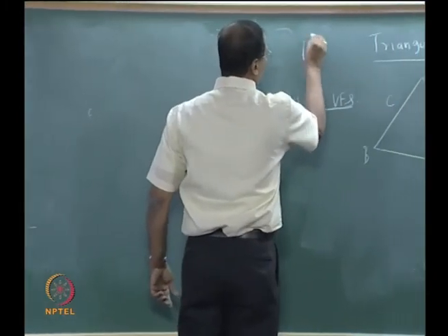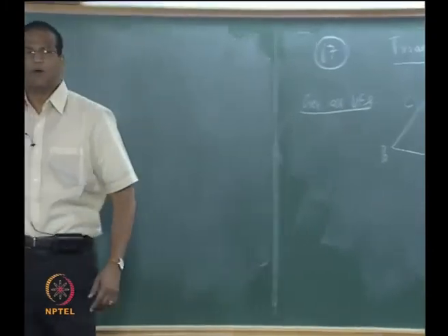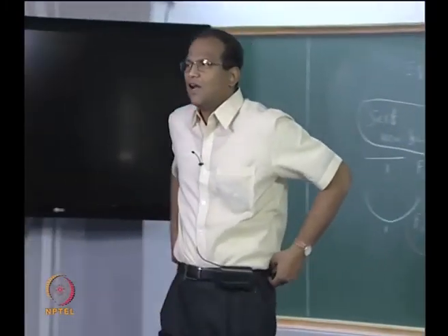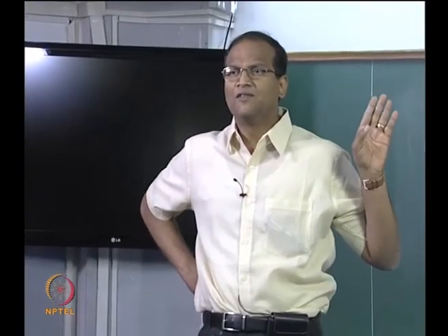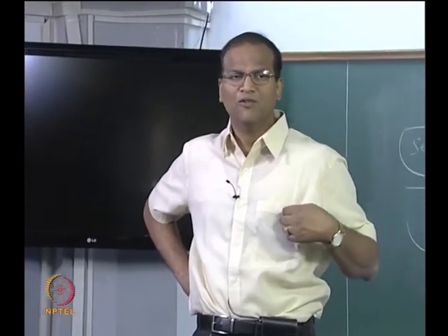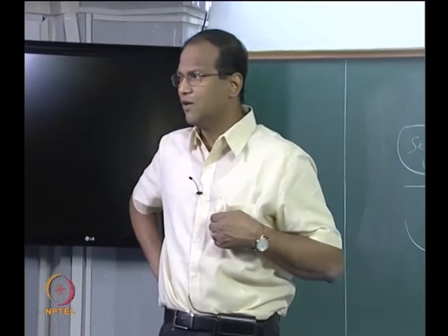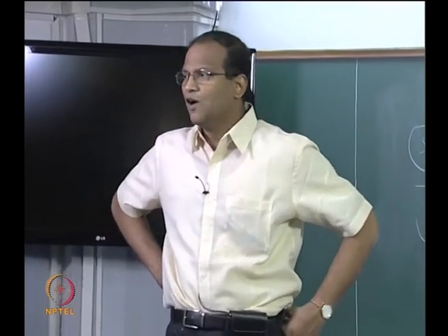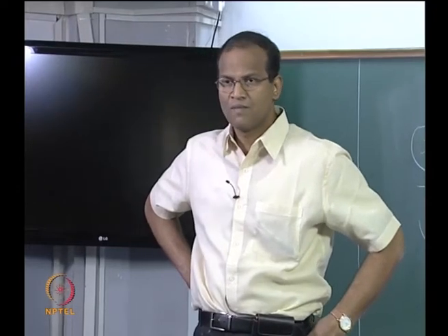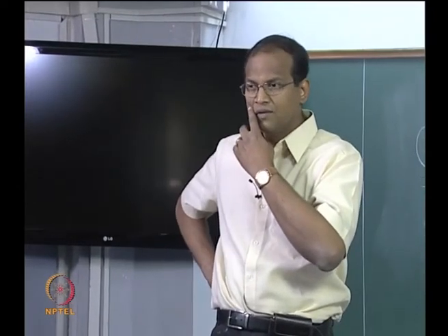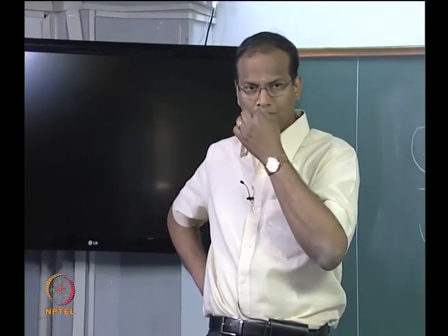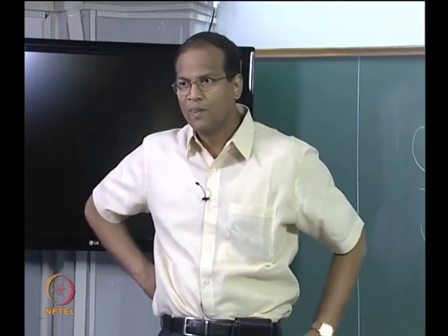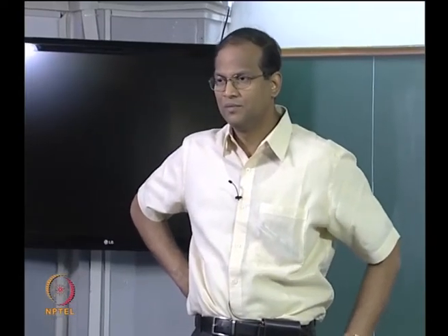You can word the problem appropriately: consider a triangular enclosure with 3 surfaces of length A, B, C. Determine all the view factors, right? How many of you got it already? Huh? Yeah, what is it? I want a very nice answer.